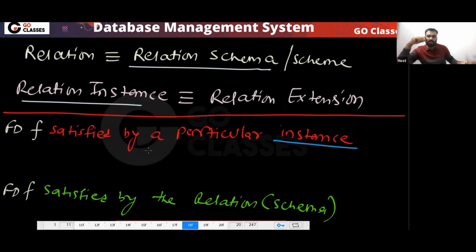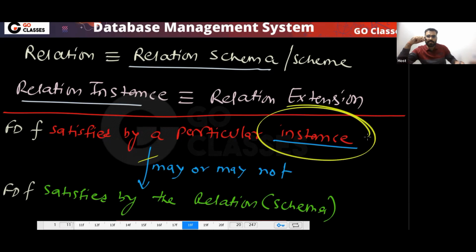It may or may not, yes or no? I can say this does not imply it. If some functional dependency is satisfied by a particular instance, it does not mean that it is satisfied by the schema.